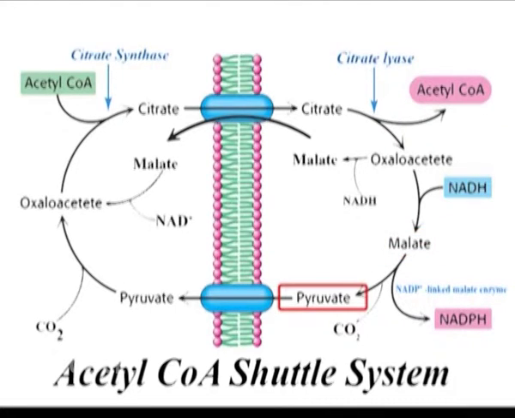Malate is converted into pyruvate in an NADP plus dependent reaction, which provides the NADPH required for fatty acid synthesis. To complete the circuit, pyruvate, which is generated in the reactions, re-enters the mitochondria.